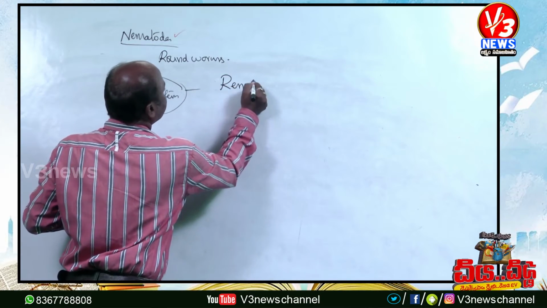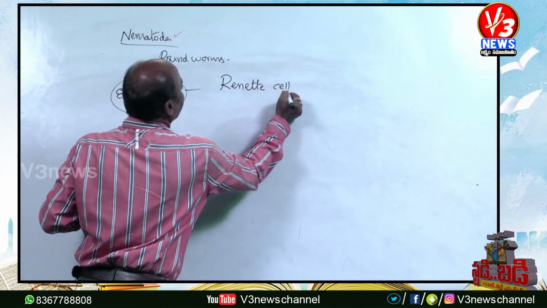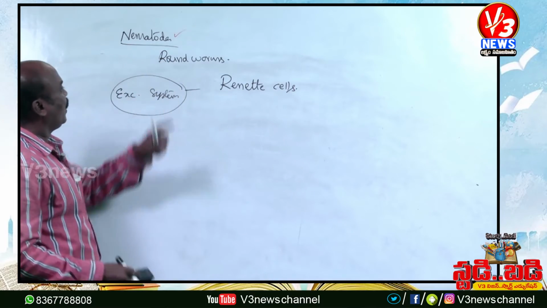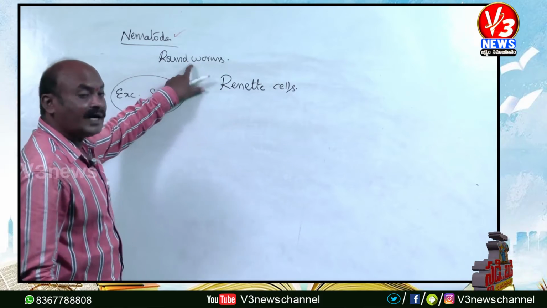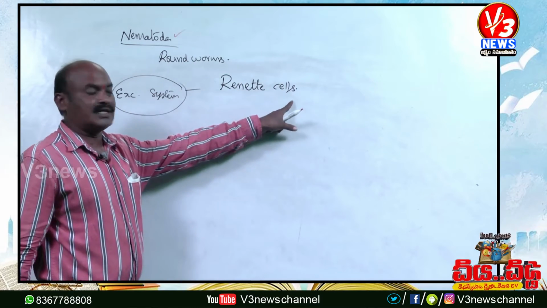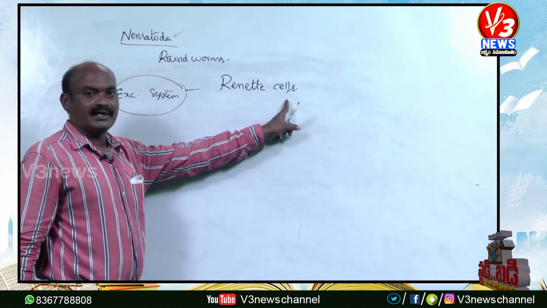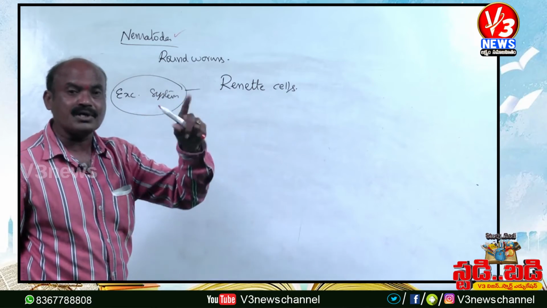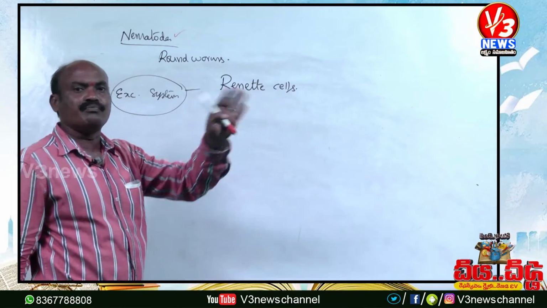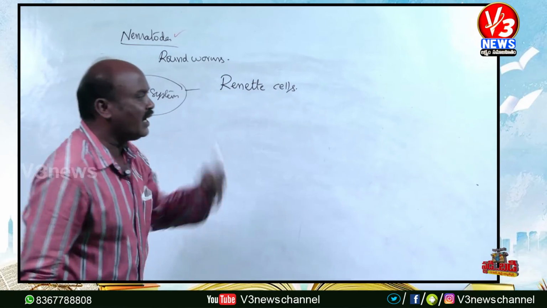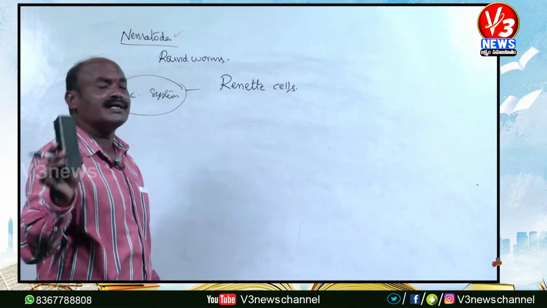Those specialized cells are Renette cells. Flatworms have flame cells; roundworms have Renette cells. These Renette glands or Renette cells perform osmoregulatory function as well as excretion.